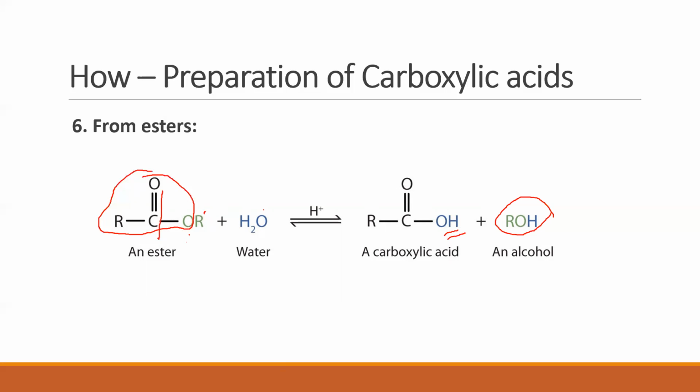It breaks here. RO minus gets added to H plus from water. So H plus will add to this portion. RO minus will take away H plus to become what? To become alcohol. So you can see that the hydrogen that is colored blue is coming from water. So what is happening to this portion? To this portion, we add OH minus.